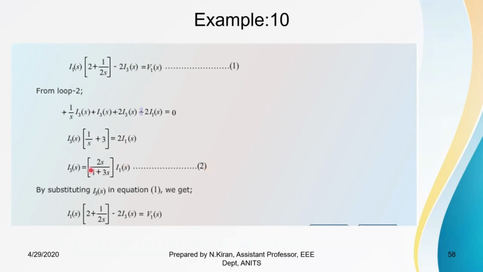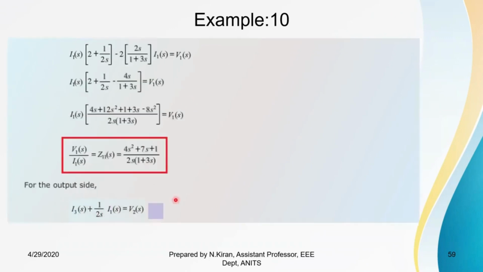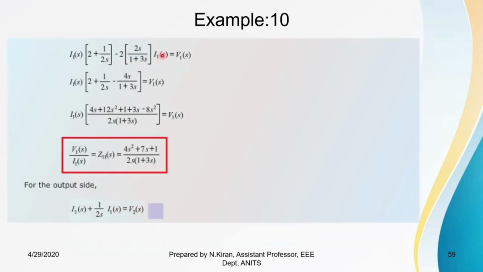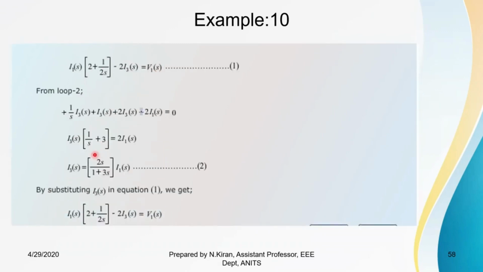Now I will substitute this in the first equation. When I substitute, instead of I3 I have 2s by (1 plus 3s) into I1 of s. On simplification, this will give me V1 of s by I1 of s, because we want Z11.